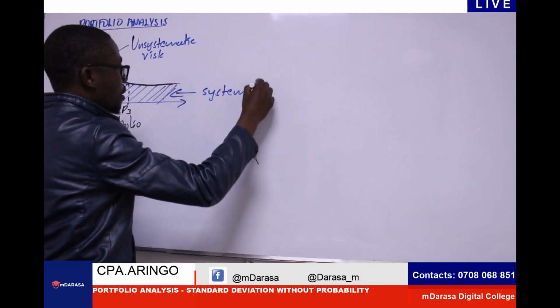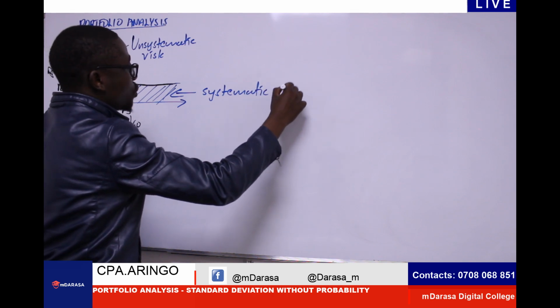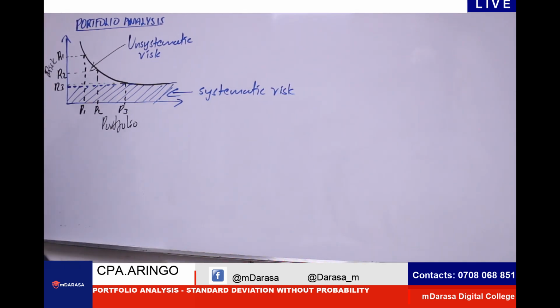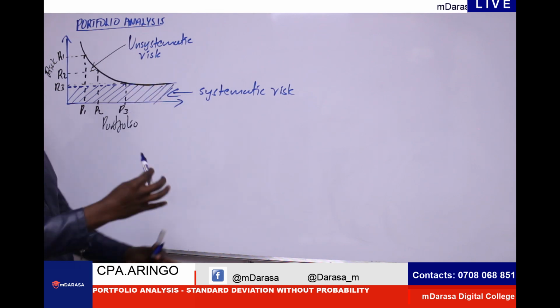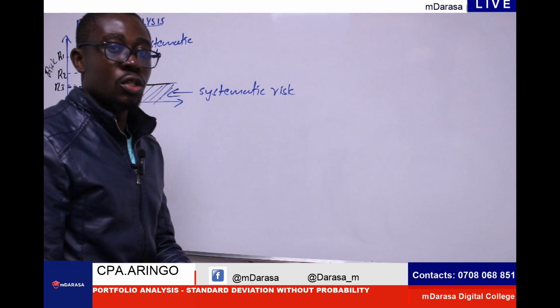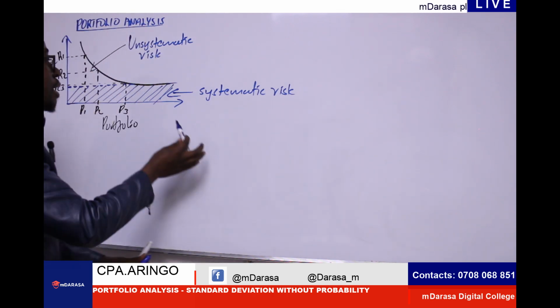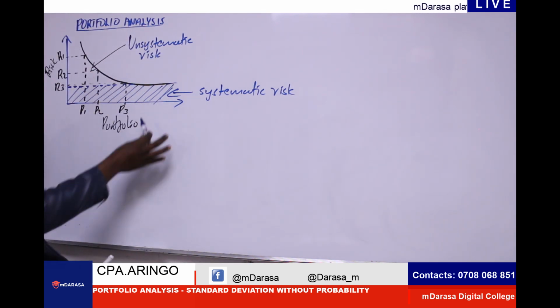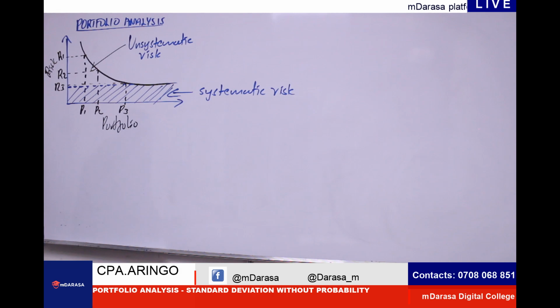Unsystematic risks are simply the risks that can be minimized through portfolio formation. The more portfolio I have, the lesser risk I'm going to have. But there are risks which, regardless of the portfolio that I'm having, can't be minimized.